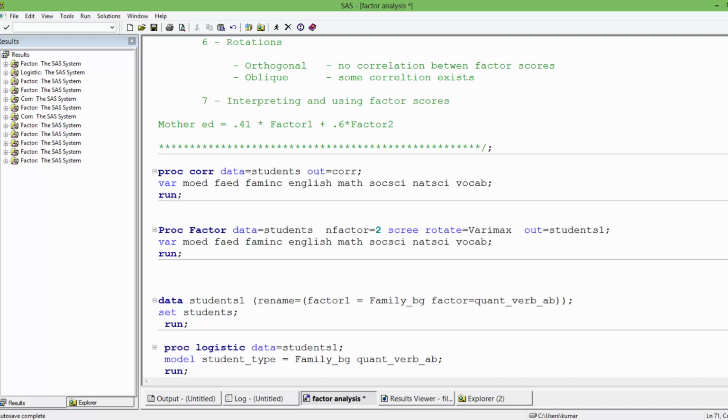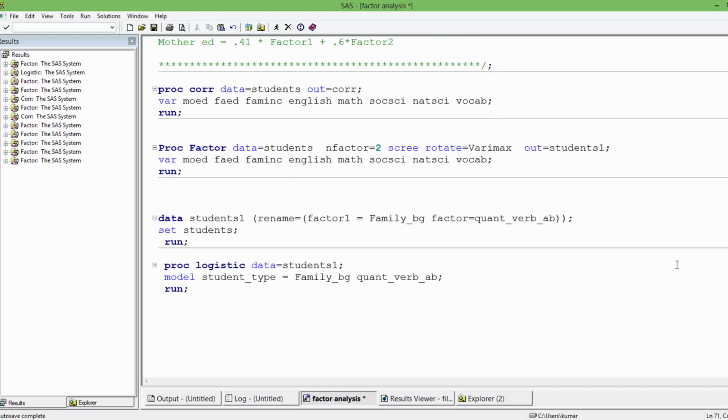We use rotation to make sure that the factor loadings are very clear and it's easy for us to segregate which variable is related to which factor. And then we use the scree plot to know the number of factors to be retained. The factor scores are finally used in the regression modeling or whatever kind of analysis we are going to do with this data set. That's how we perform factor analysis. Thank you.